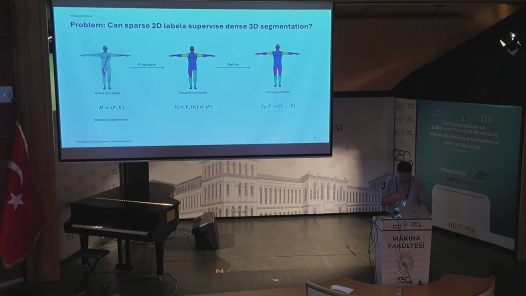After that, using such simple sparse labeling, we go through a further actual learning process, and we can achieve the final segmentation results. Hopefully it can be used as segmentation results, and also as 3D labeling for other applications.